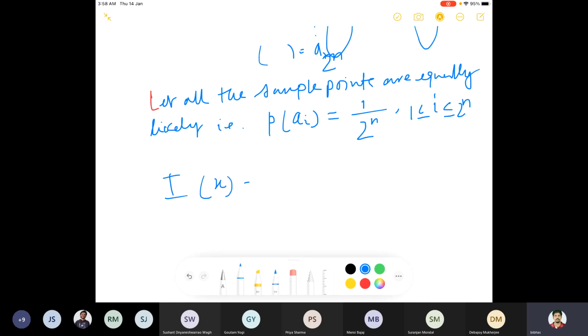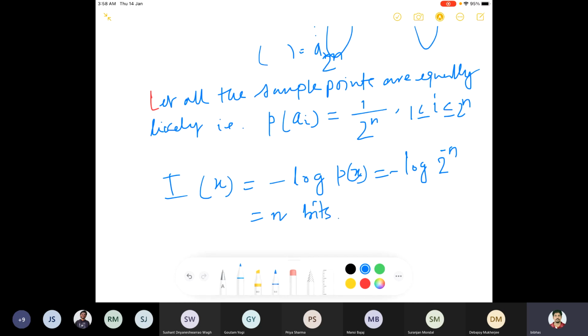Then if we calculate the self information, I(x) will be equal to minus log of p(x), which is equal to minus log of 1 by 2 to the power n, or 2 to the power minus n, which is equal to n bits.